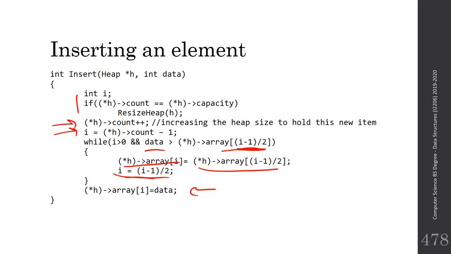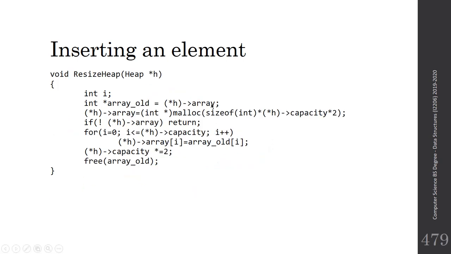Whenever the count is equal to the capacity, for example if the heap contains 20 elements and I need to add one more, I can resize the heap. What does it mean to resize a heap? Since I have done a dynamic allocation of the array, I can allocate a bigger array. I create a new pointer to a new array, double the capacity, copy the old array into the new array, and then free the old one.